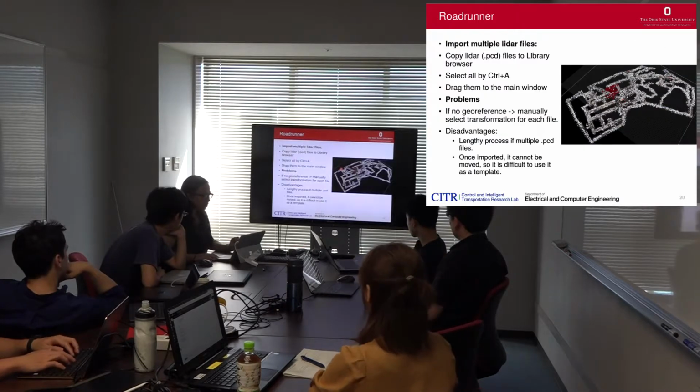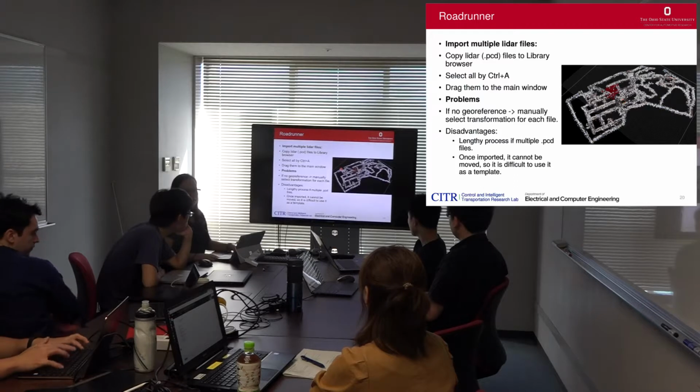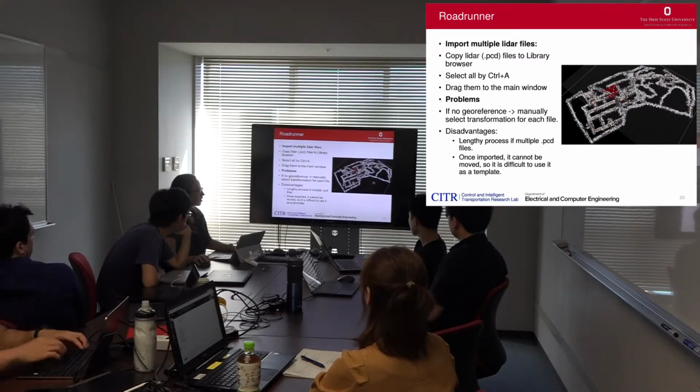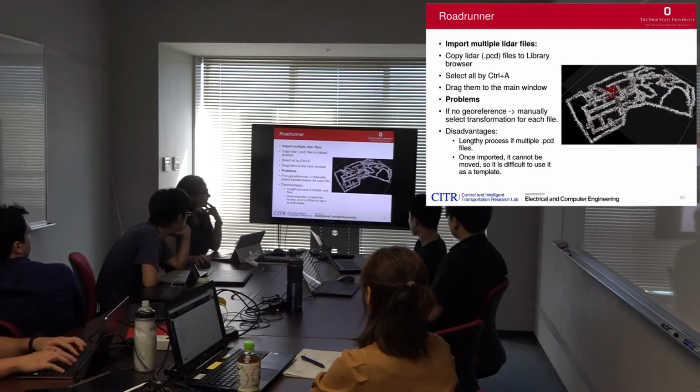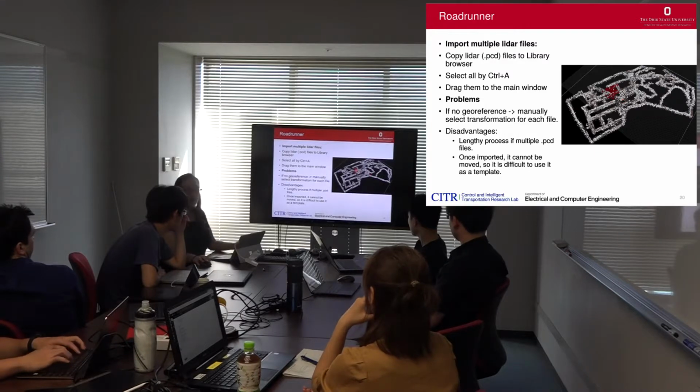And then if you want to import your LiDAR files, what you do is copy all your point cloud files to the library browser, select all of them, and drag them to the main building. Then you get something like this. These are also the LiDAR files from the Nagoya University campus. The problem, as I was explaining before, is that if we don't have a georeference for the point clouds, then we have to add them manually.